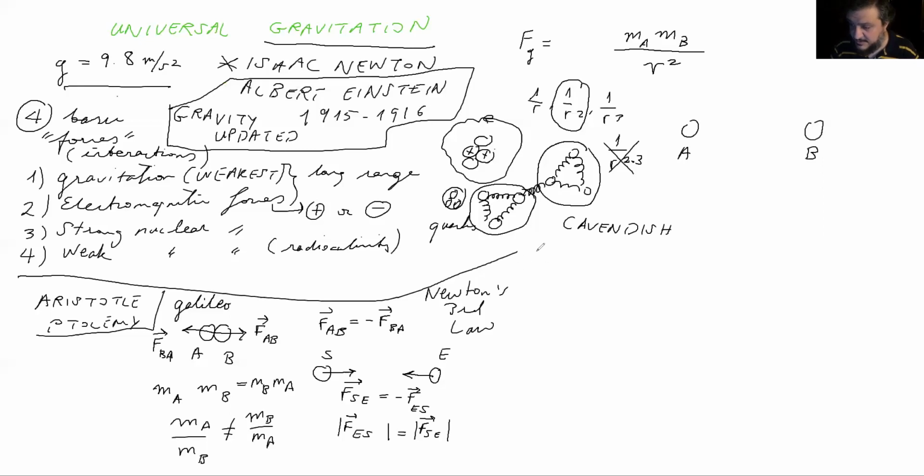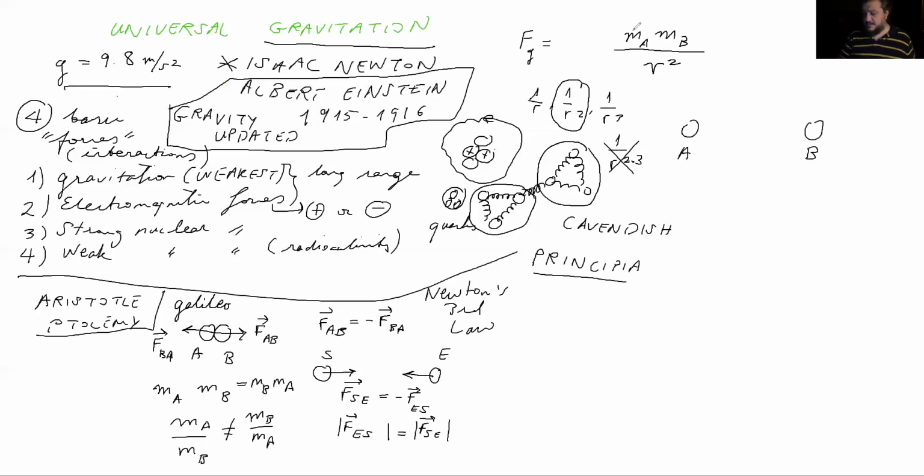So if you're really curious, read this book and find out what reasons he had, but it is R squared. And this 1 over R squared, the inverse square relationship, also happens with electromagnetic forces. You just replace the masses with charges and then it works like a charm.